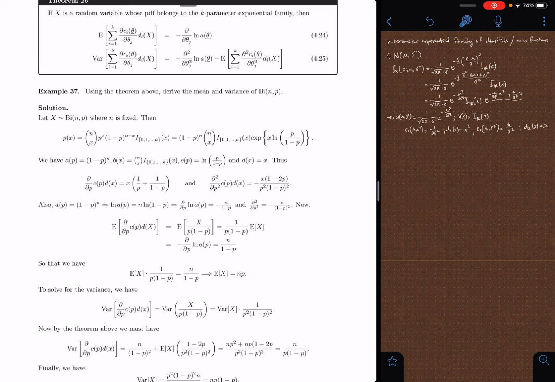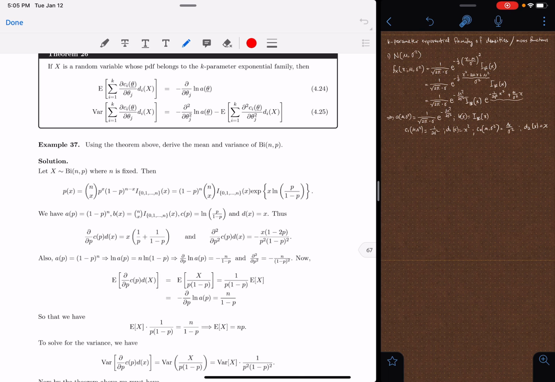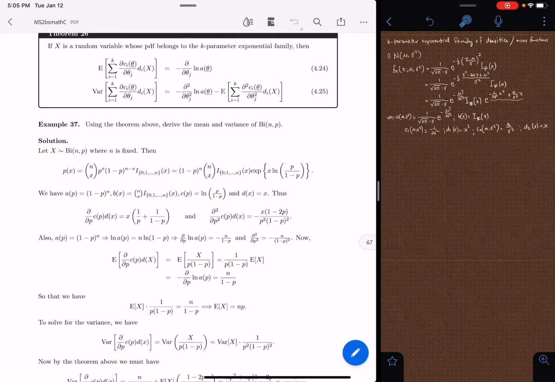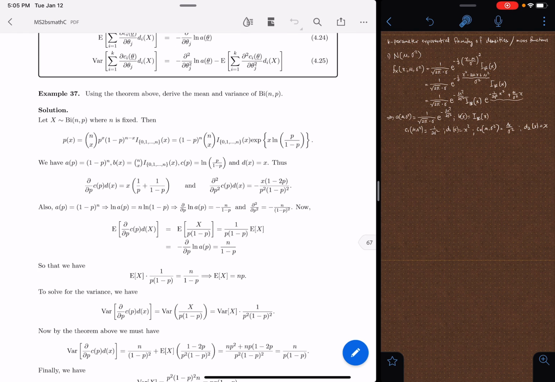Tapos, equal naman yan siya dun sa ito, dalawang terms yan. Negative of the second partial with respect to theta squared of ln of A of theta. Kaya kinuha natin kanina yung second partial, di ba? If you go back here sa line na to, the second partial with respect to P of ln of A of P, that is negative n over 1 minus P squared.